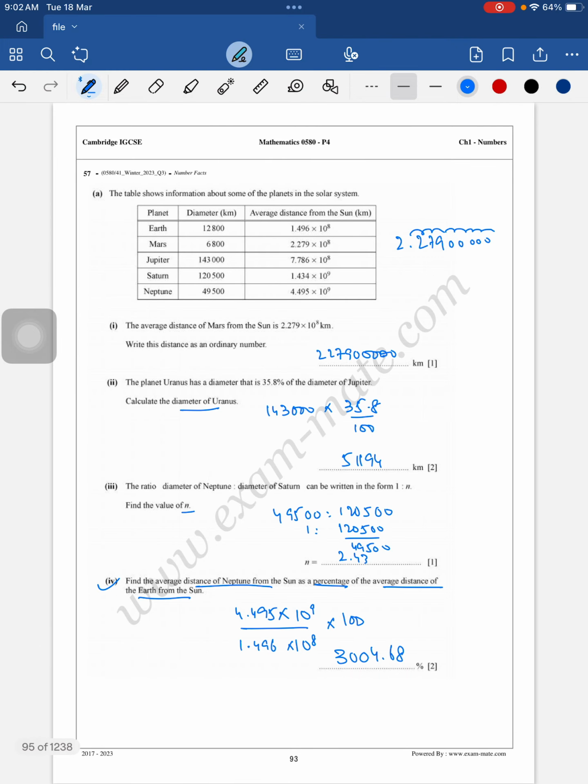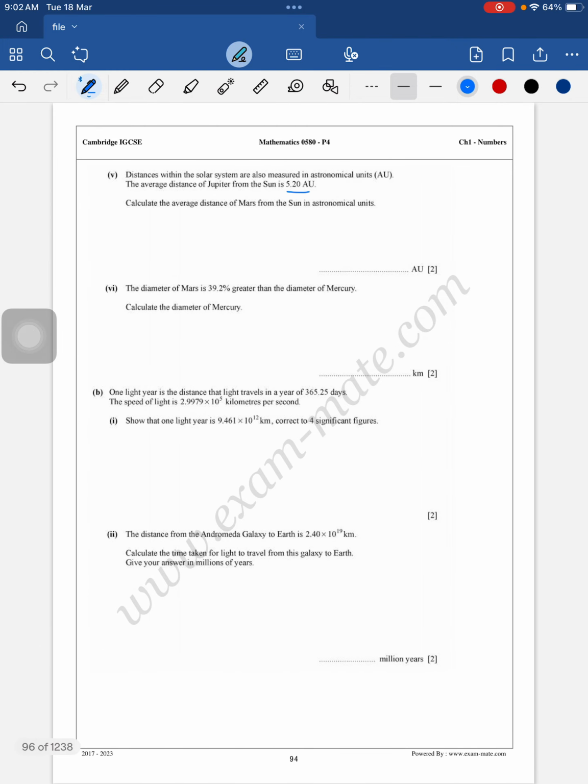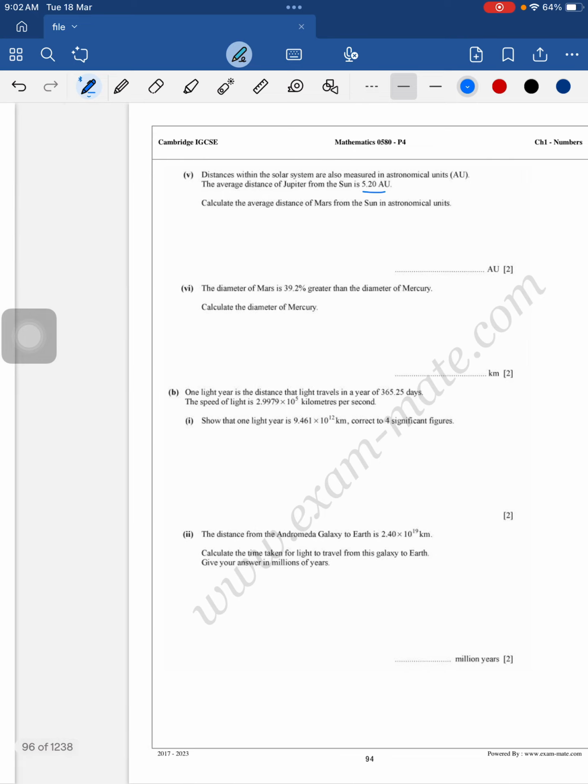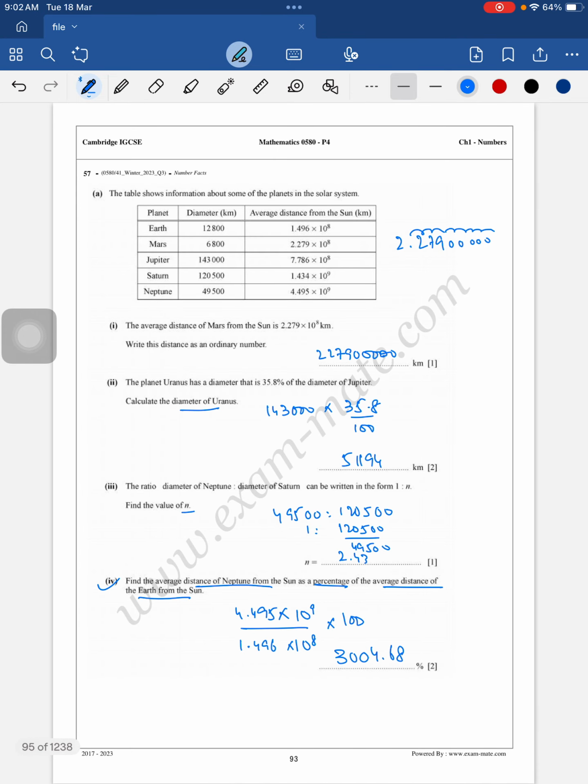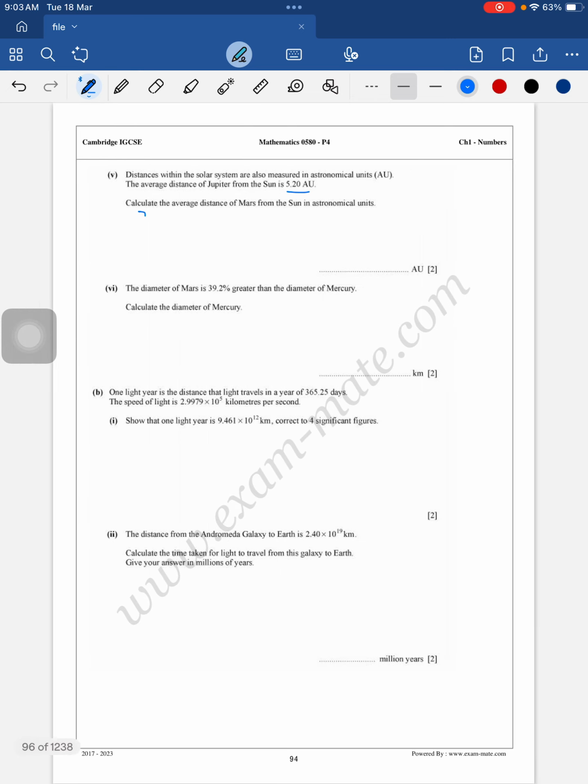Okay, the average distance of Jupiter in kilometers is 7.786 exponent 8. In astronomical units, it is 5.20.